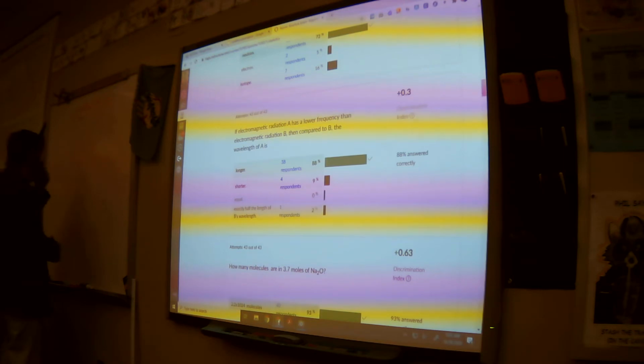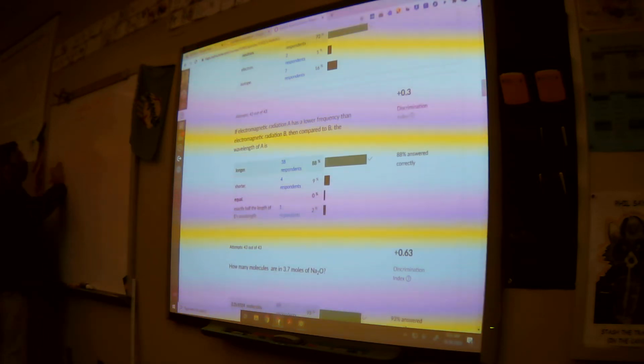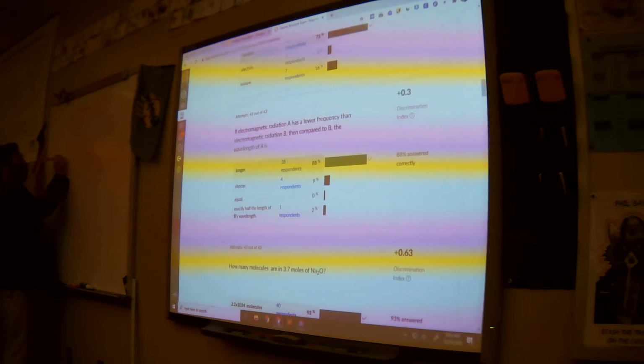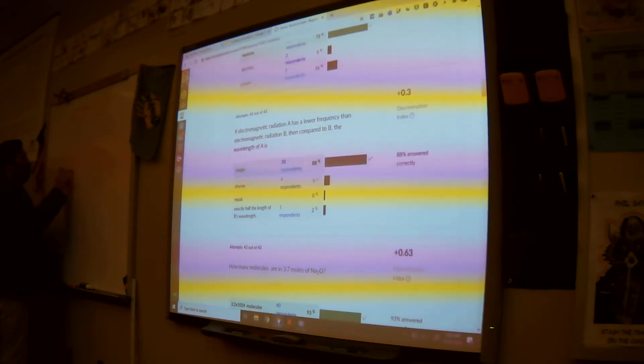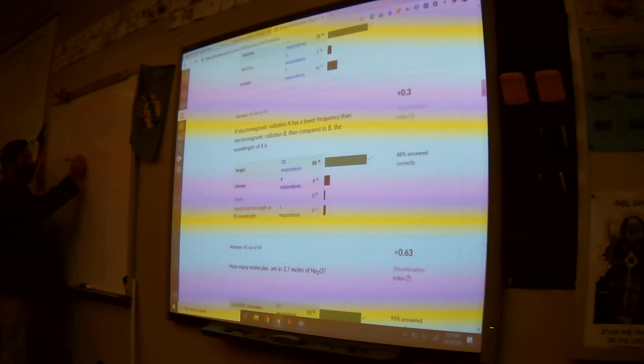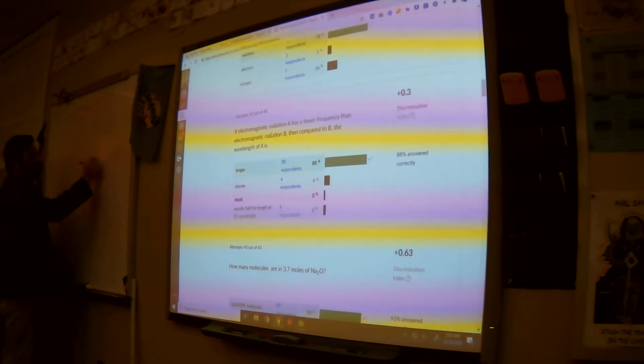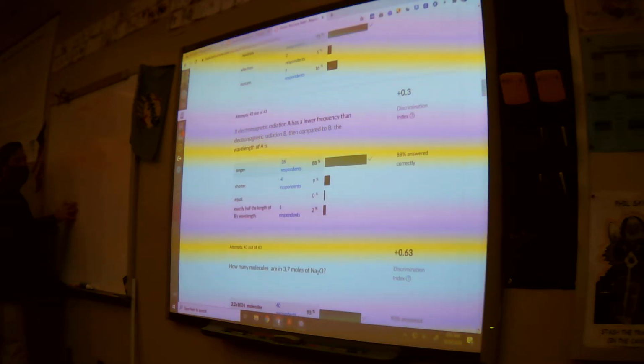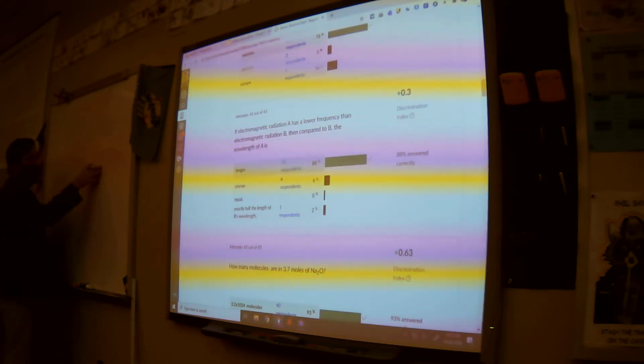If you remember our thing, you have the wavelength in meters, and we multiply that by our frequency, and this will get us the speed of light. So we're multiplying these together, and we have the speed of light.